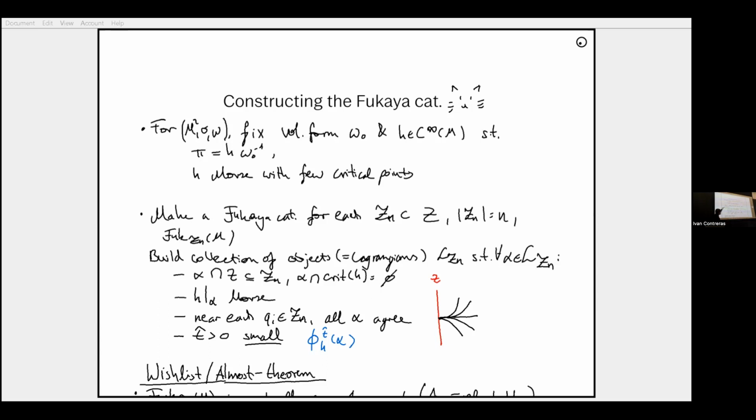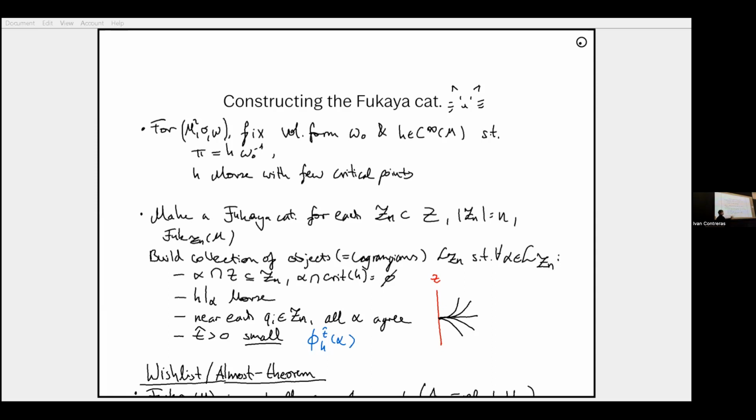Okay, and so here I have given some properties that this collection of Lagrangians should have. It's not an exhaustive list. As I mentioned on the previous page, but have not written here, we want to take only non-contractible Lagrangians. And additionally, we're now going to require that they do not intersect the critical locus of the Morse function h that we chose above, so that if you restrict h to alpha, it's always Morse.